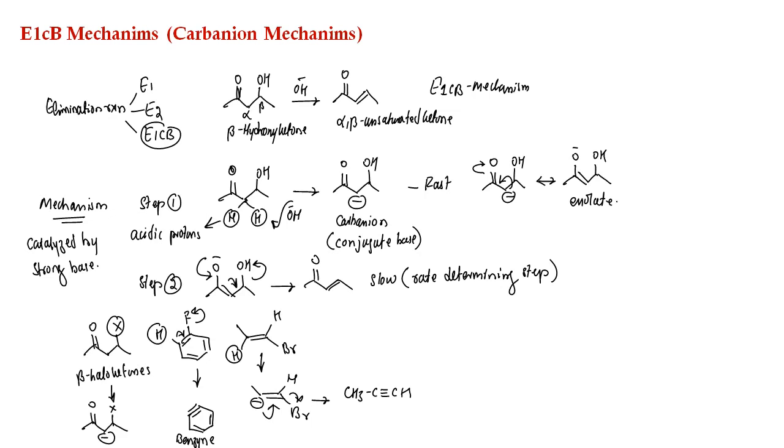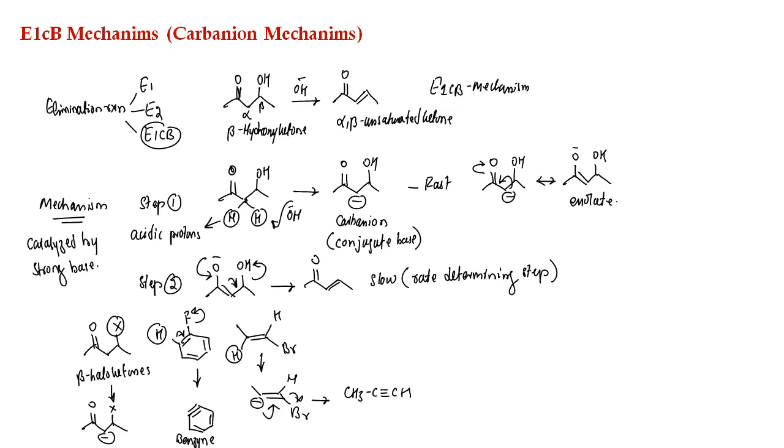As far as the mechanism is concerned, this is quite important and has important applications in organic chemistry, especially most of the enones are made through the E1cb mechanism.